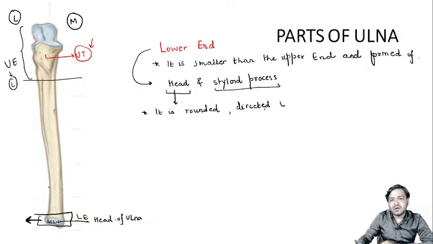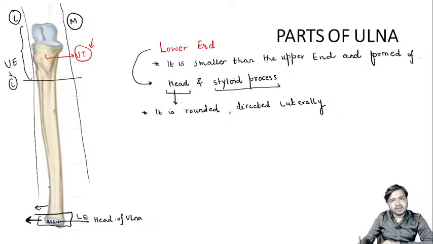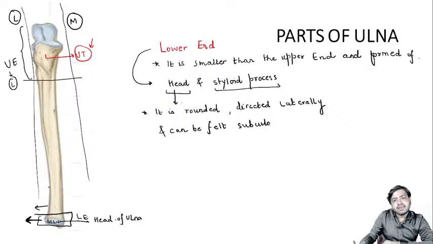It is rounded. It is directed laterally. Laterally means this is the medial border, this is the lateral border, and the head will be seen more towards the lateral side. Directed laterally. And remember, it can be felt subcutaneously. What do you mean by subcutaneously? Basically under the skin. Cutaneous means skin, and sub means just below it.